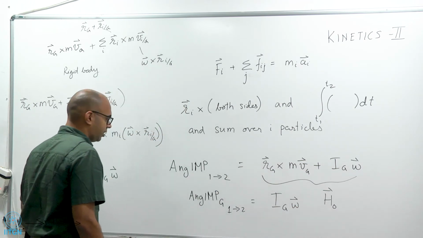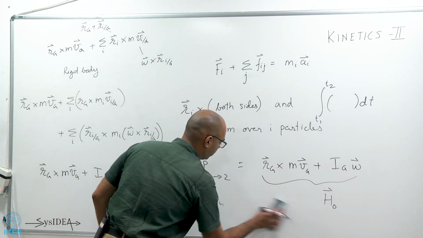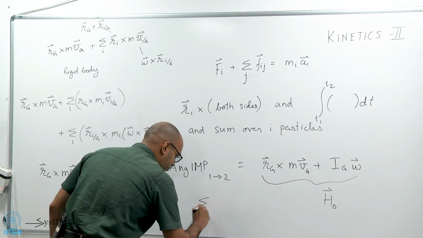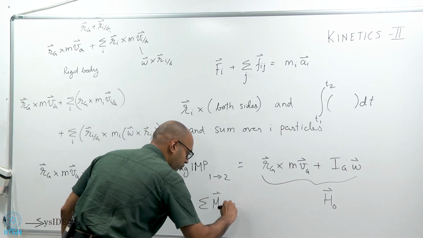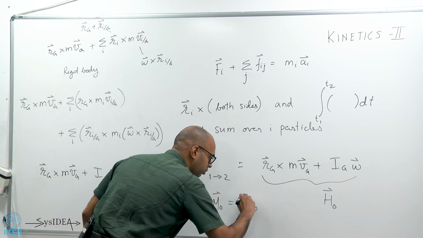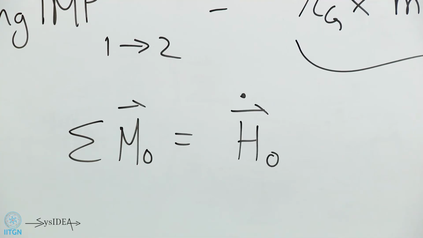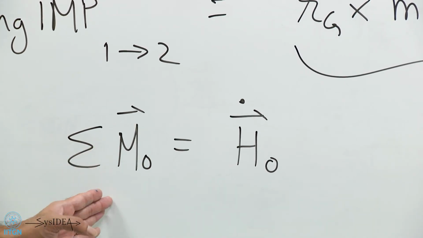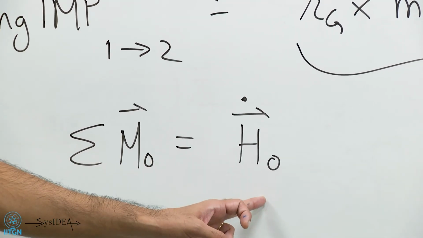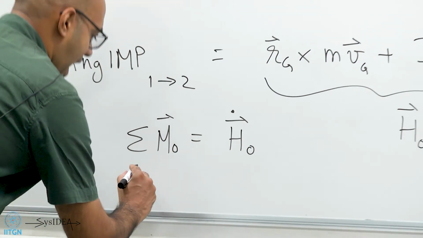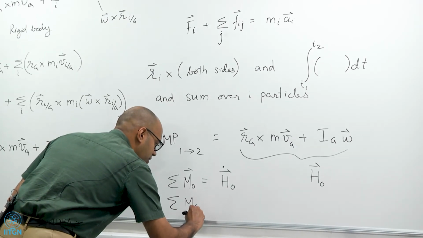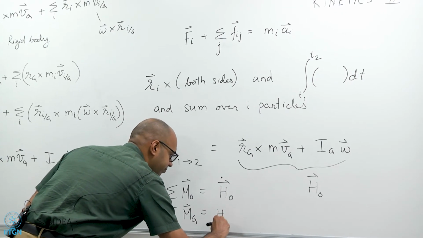Then we can write it in the form that the total sum of moments about O is equal to HO dot. So the sum of moments is equal to the rate of change of angular momentum, and this also we can do about center of gravity.